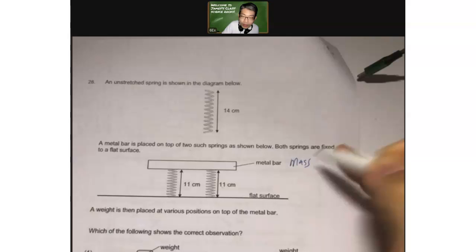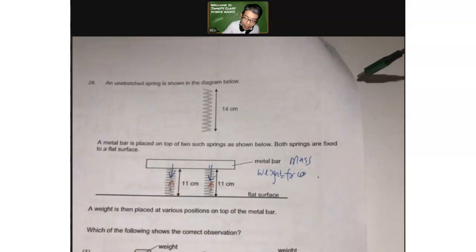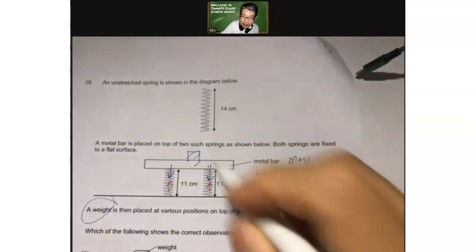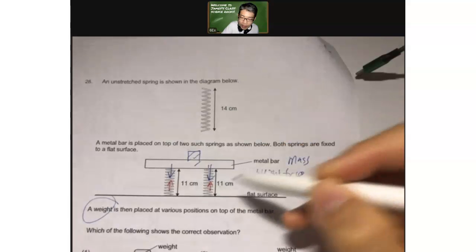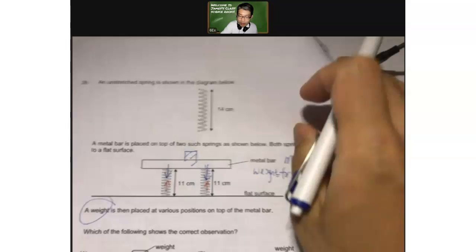Weight is a force, and the force presses down on the spring. And the spring has an elastic spring force that pushes back against it. Remember, this is nothing about friction. No friction here. If you now put a weight on top, then there's even more weight. It's the weight of the object plus the weight of the bar. The compression should be even more than 11. So I should see it more.